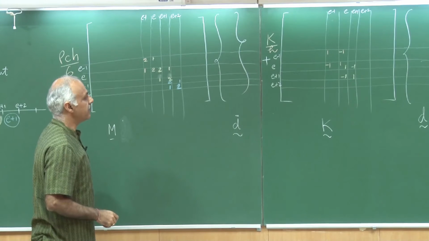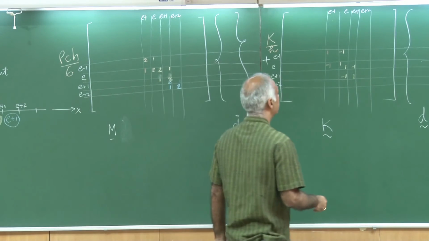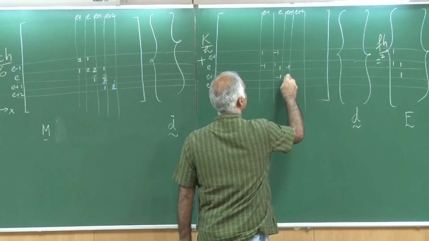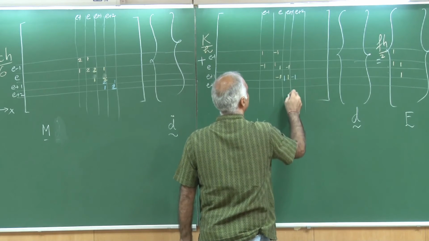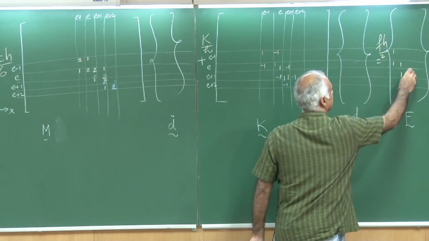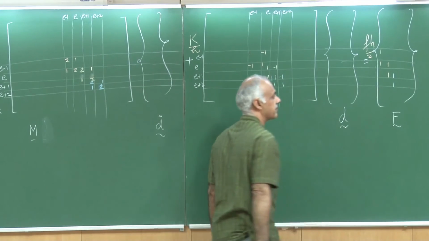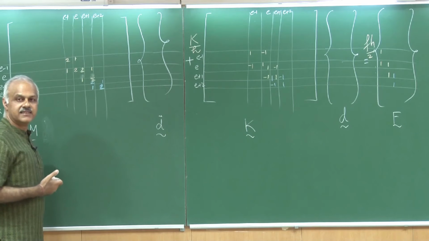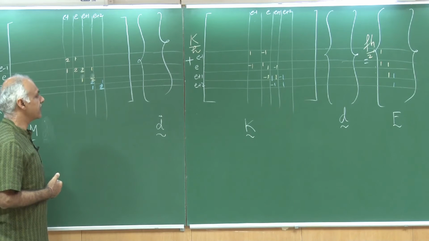Similarly, for the K matrix, I would write them over here. So, the quantities are 1, minus 1, and then minus 1, 1, and of course, here I would get 1, 1.